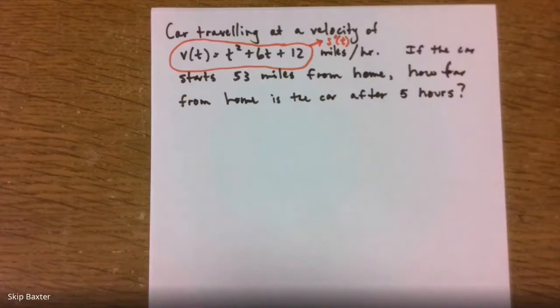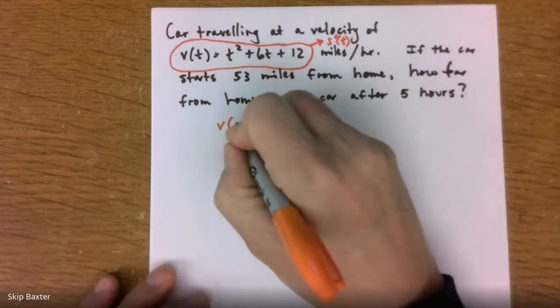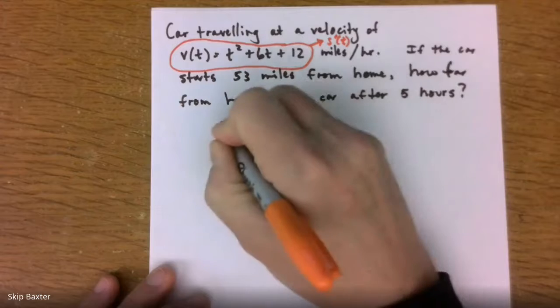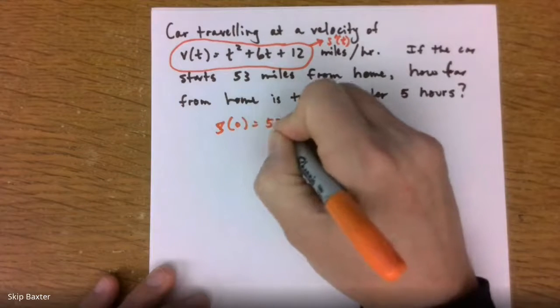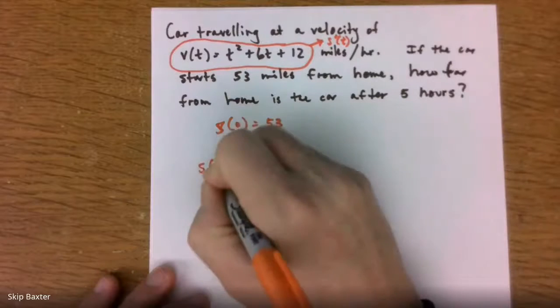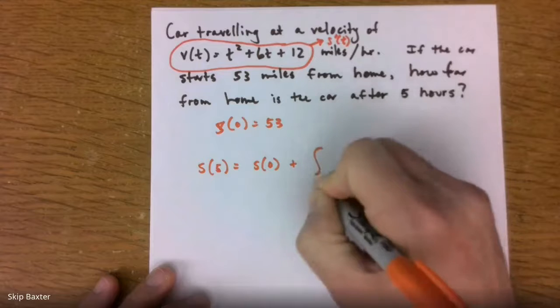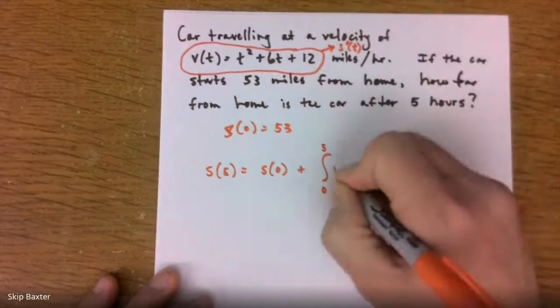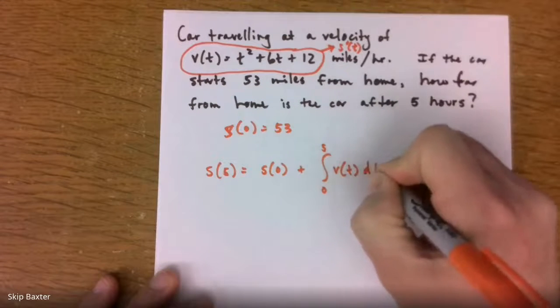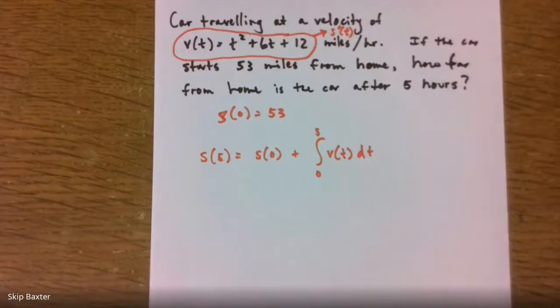If the car starts 53 miles from home, that means s of 0 equals 53. We're trying to find s of 5. So s of 5 would equal s of 0 plus the integral from 0 to 5 of v of t. They're giving us v of t. You plug the stuff in, you do the integration. That's all there is to it.